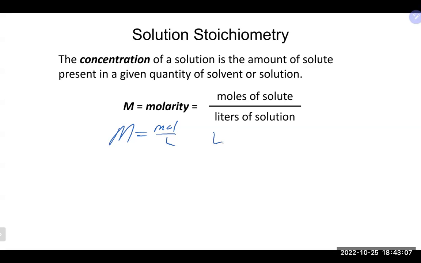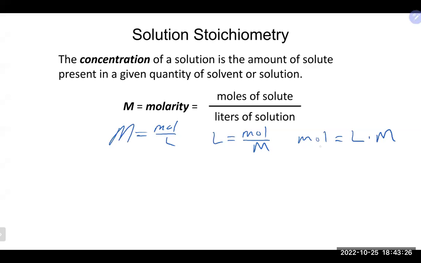If I want liters, that is equal to moles divided by molarity. If I want moles, that is liters times molarity. So those are three ways to rearrange that formula, and we use it a lot.